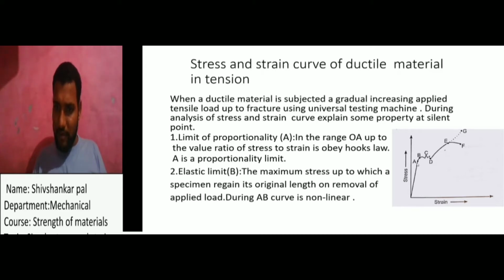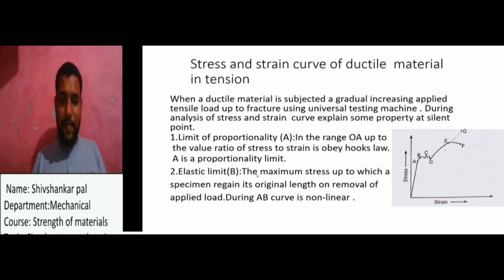Stress is obtained gradually as the load is applied, up to this point, and Hooke's law applies. This portion where Hooke's law is applicable is known as the proportional limit of the stress strain curve of ductile material. That is clear.